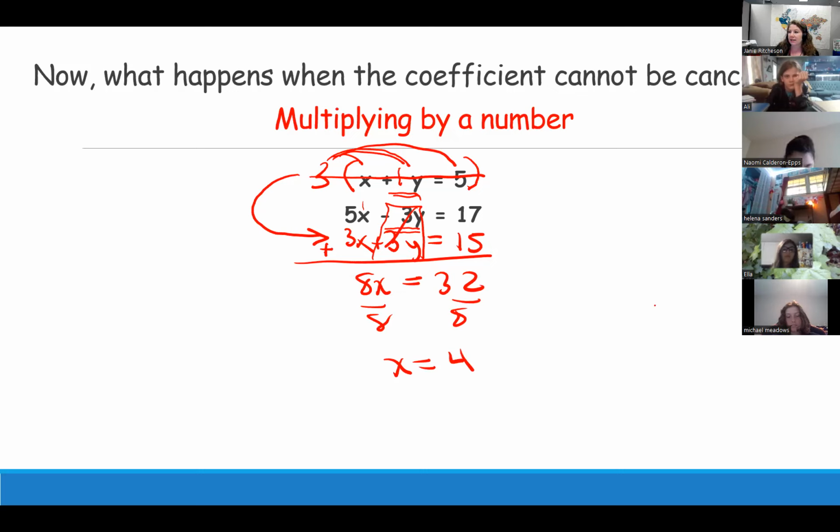And then to get my y value, I'm going to plug in 4 for x. So I'm going to go back to the top original problem because to me it looks so simple. x plus y equals 5. So if x is 4, to solve for y, I'm going to subtract 4 from both sides, and I see that y is equal to 1. So my answer is 4, 1.